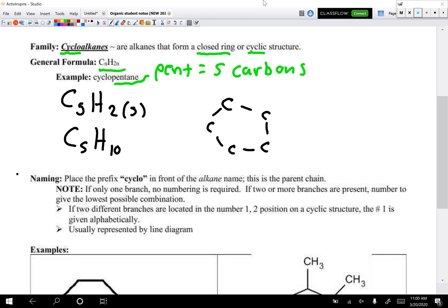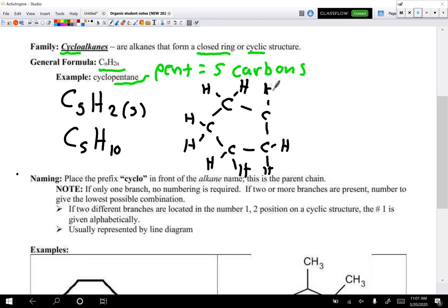If we look at every single carbon, we can tell that even this carbon right here already has 2 bonds into it, so it could only take a maximum of 2 hydrogens to complete the 4 bonds that carbon needs. Every single carbon can take 2 hydrogens. So that's why the formula exists.